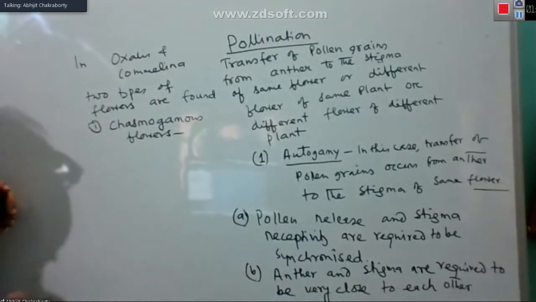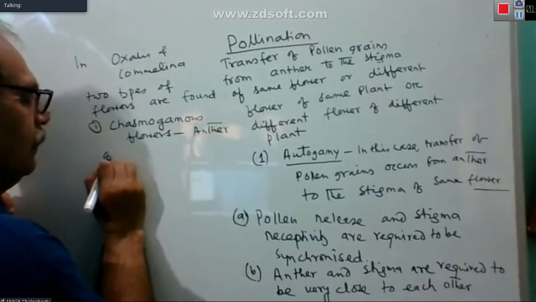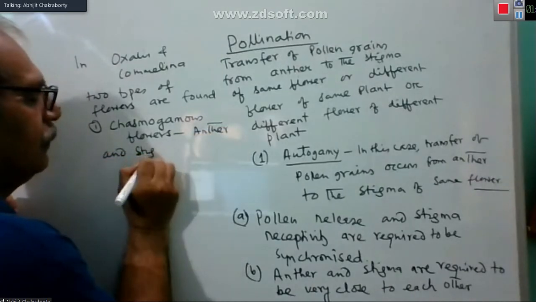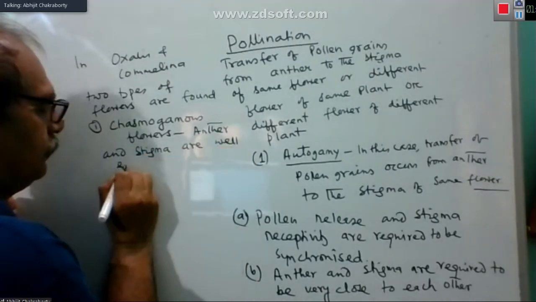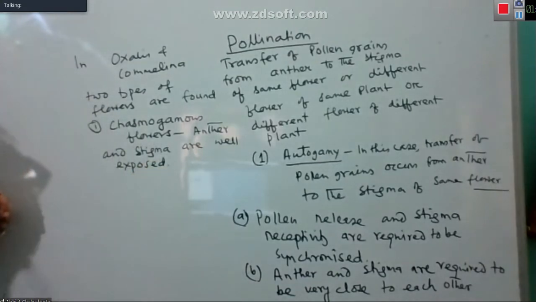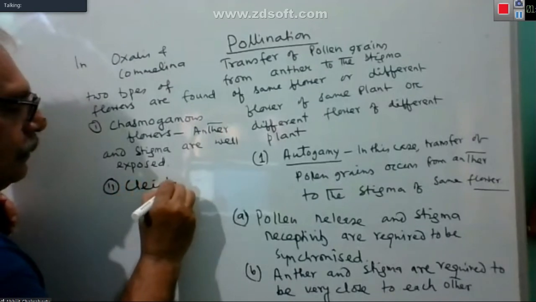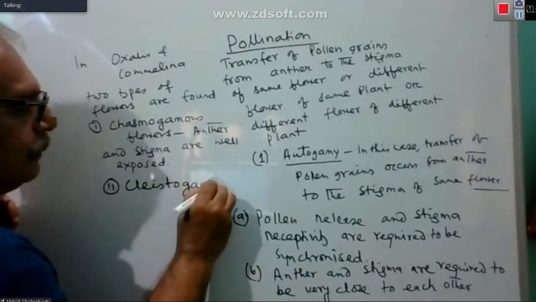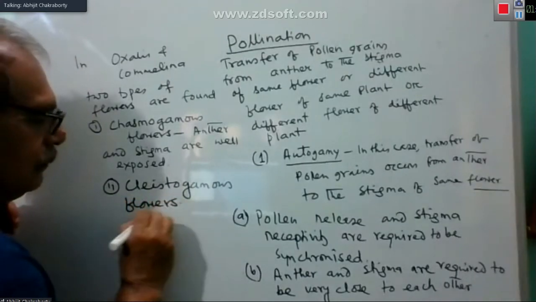In chasmogamous flowers, anther and stigma are well exposed. Other is cleistogamous flowers.